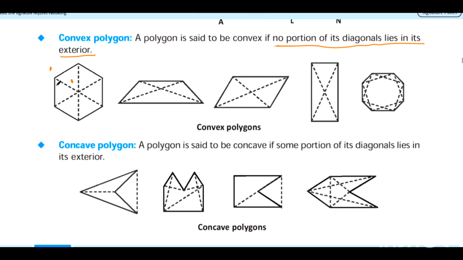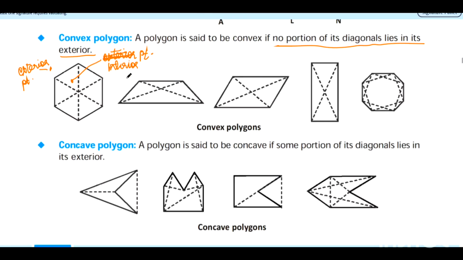Points outside the closed figure are exterior points, and when something is inside your closed figure, I will call it an interior point.